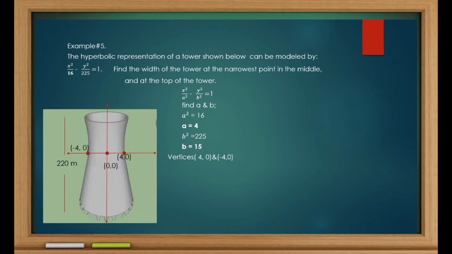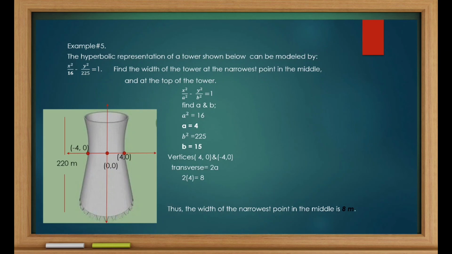The transverse axis lies on the x-axis. Therefore, to find the width of the tower at the narrowest point in the middle, using the transverse axis length, we have 2a. Our a is 4, therefore 2 times 4 is 8. Thus, the width at the narrowest point in the middle of the tower is 8 meters.